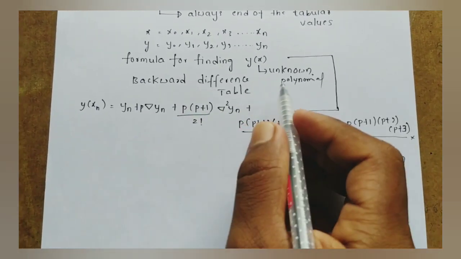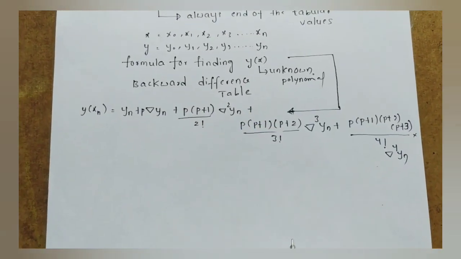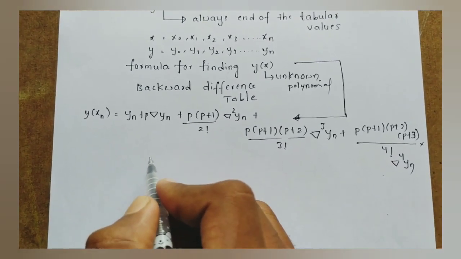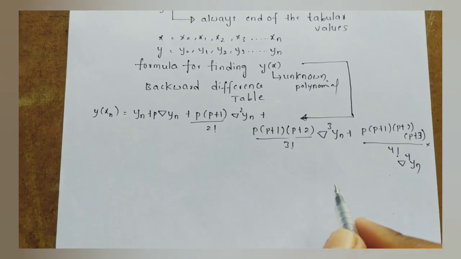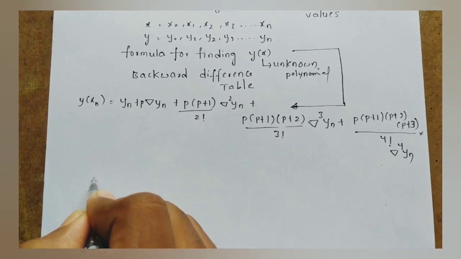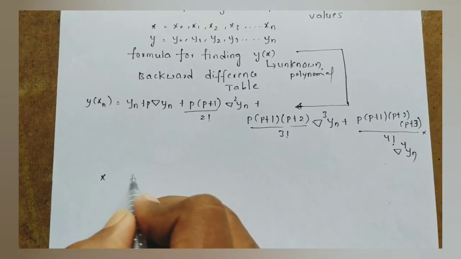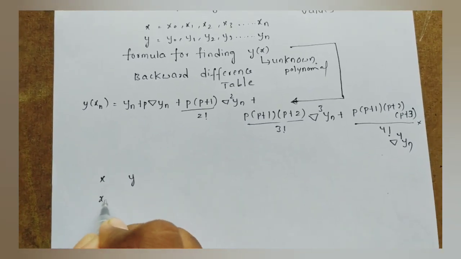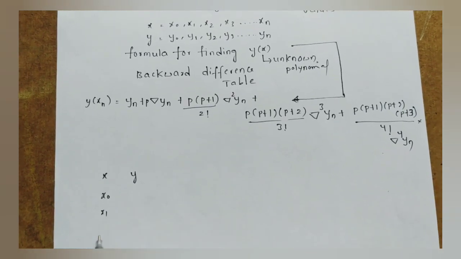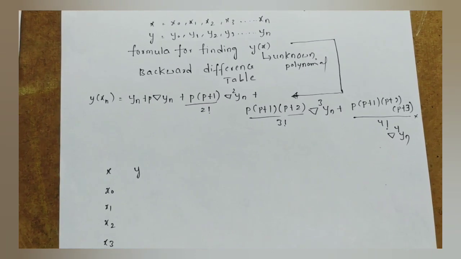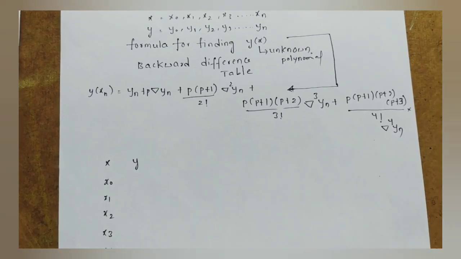Before that we draw the backward difference table. The backward difference table is the same as the forward difference table, but the indications are different. Here the given values are x and y. The values of x are x0, x1, x2, x3, x4 and so on up to xn.